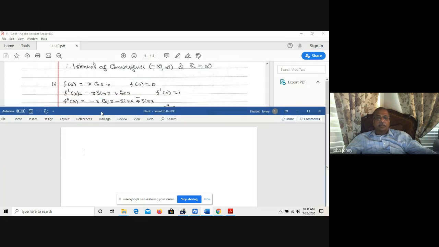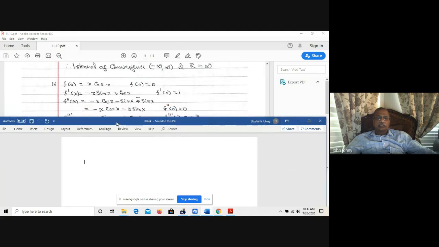Again, f double prime x, differentiate this: negative x times cos x minus sin x times 1, so that is minus cos x minus sin x, you get minus x cos x minus 2 sin x. f double prime 0 is 0, because here x is 0, here sin 0 is 0.